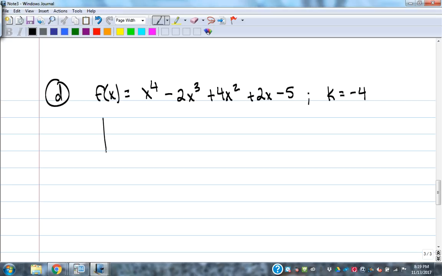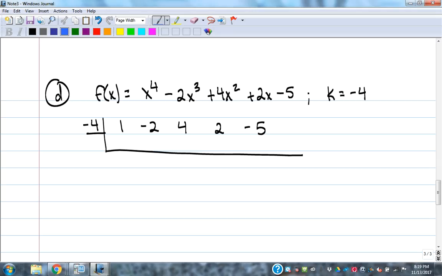So I'm going to set up synthetic: 1, negative 2, 4, 2, negative 5, negative 4 on the shelf. I didn't have to put any zeros in there because I didn't have any missing pieces. The negative 4 is what they asked me to test, so that's what goes on the shelf.